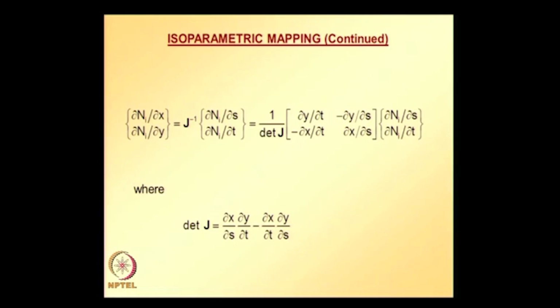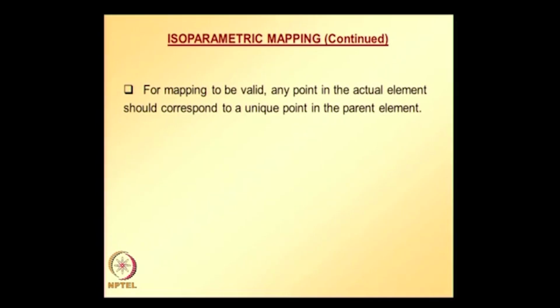For that mapping to be valid, any point in the actual element should correspond to a unique point in the parent element. So, for the mapping from physical coordinate system x, y to the parent element coordinate system s and t to be valid, any point in the actual element should correspond to a unique point in the parent element.